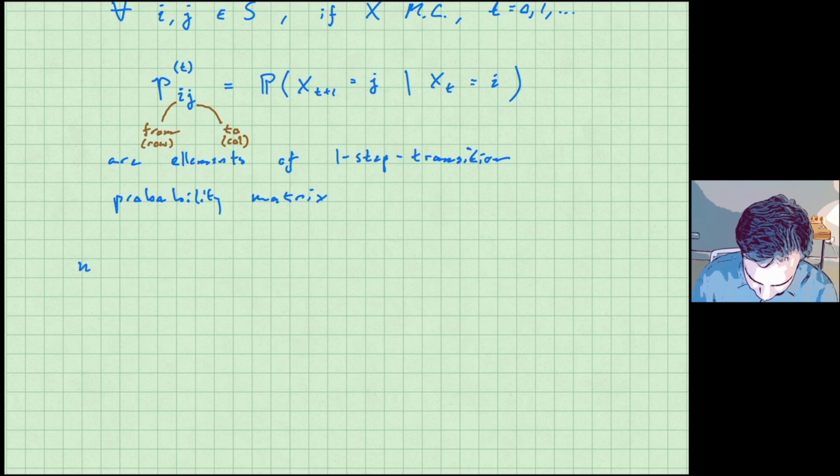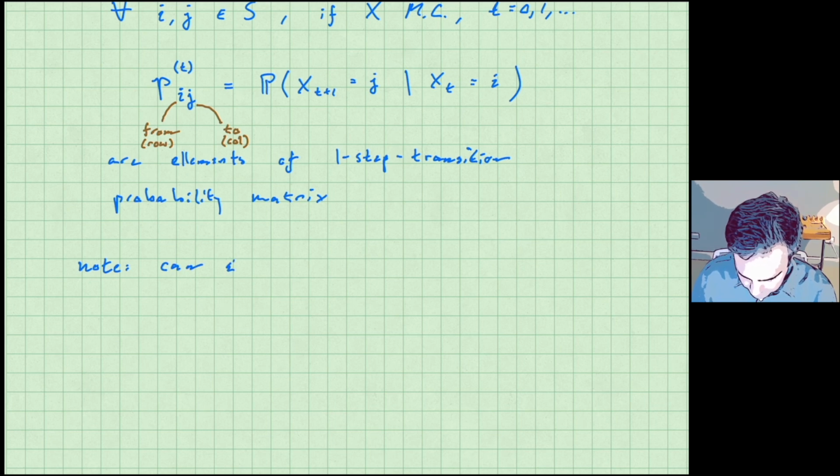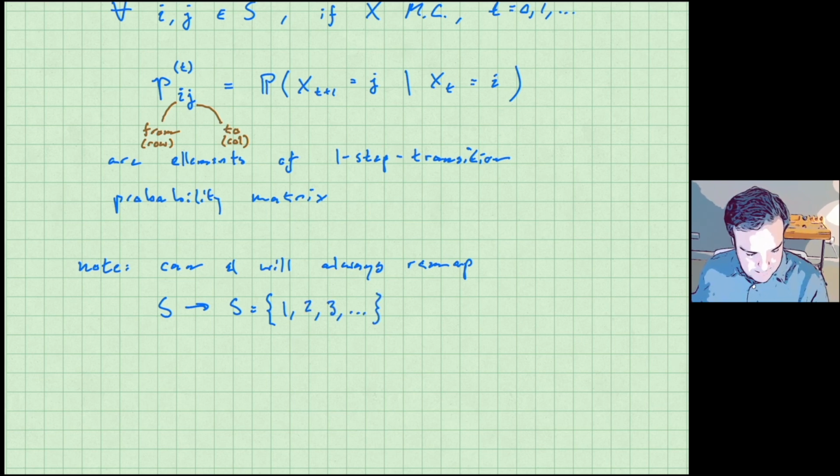All right, so note, this is just a potential pitfall with notation. We can and will always remap the state space so that it starts at 1, like that, right?